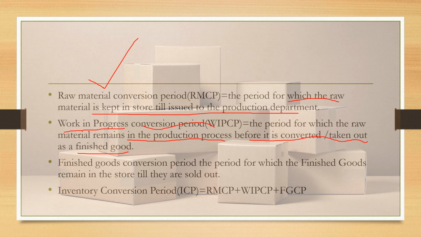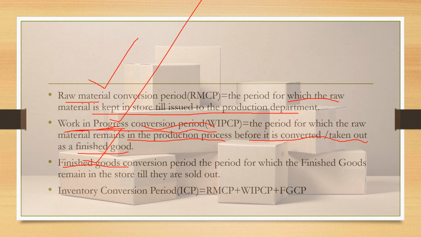That time period is called work in progress conversion period. And after the work in progress period, the next step will be finished goods. First we procure raw material, then work in progress, that is, we put that raw material in process, then finally we produce finished goods.